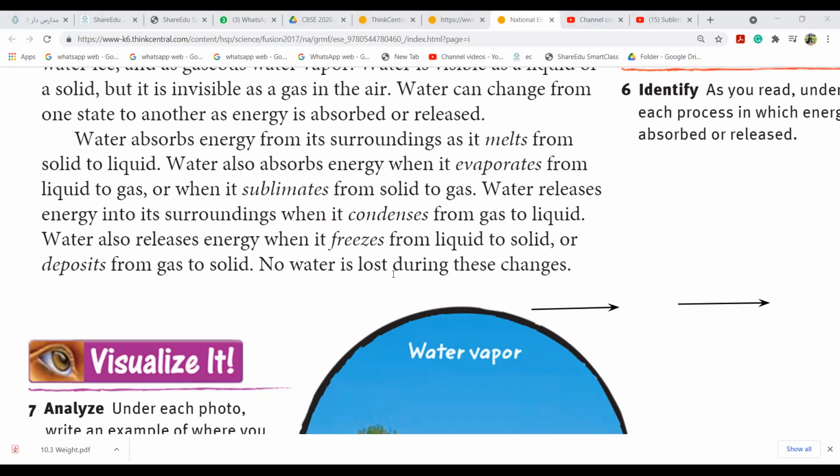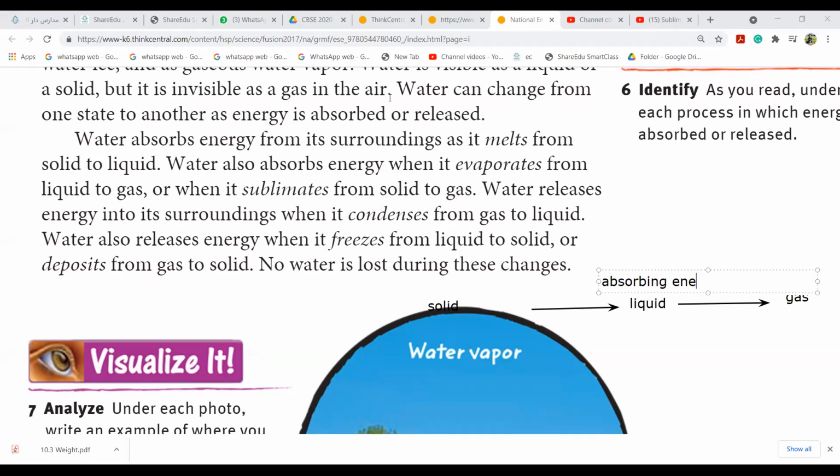Okay, I'll just write here, solid to liquid. During this state, it is melting and evaporation. It is absorbing energy. Absorbing energy from water.